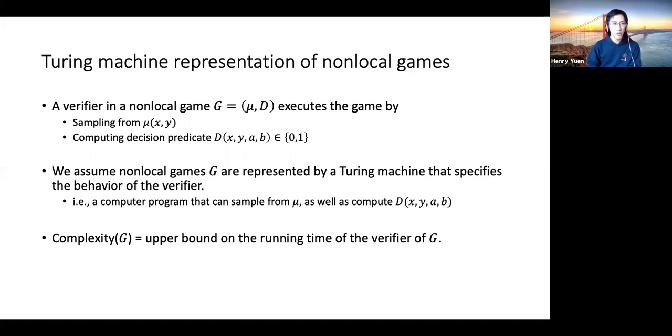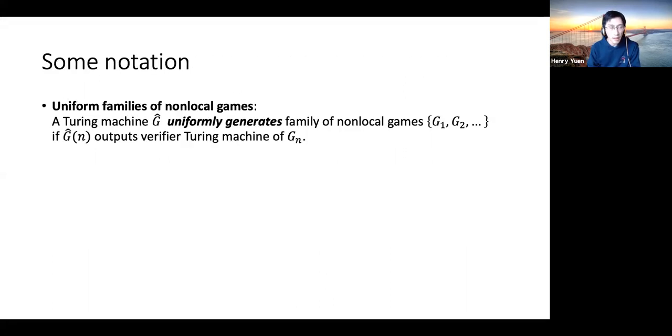So basically we view everything as a Turing machine, and this is helpful because we can interconvert between non-local games and Turing machines and so on. Let me introduce a couple more bits of notation. I want to talk about an infinite family of non-local games, G1, G2, G3, and so on, but I want them to be uniformly generated, meaning that for this infinite family G_i, there's a single Turing machine that I'll call G hat that implicitly describes all of them.